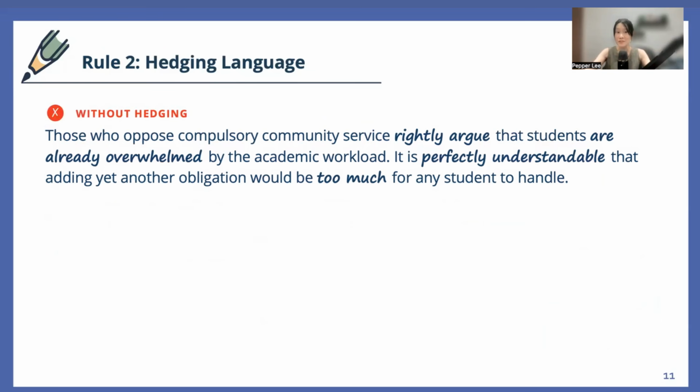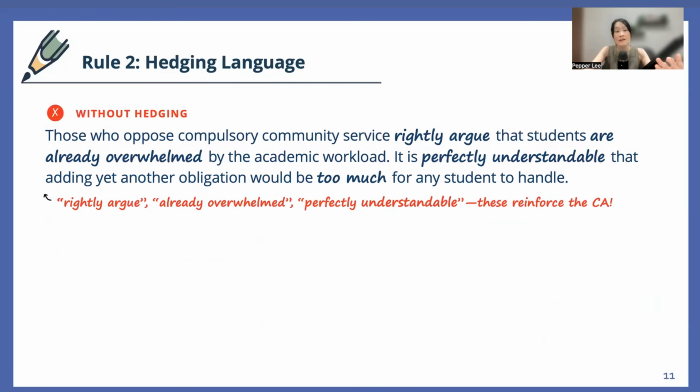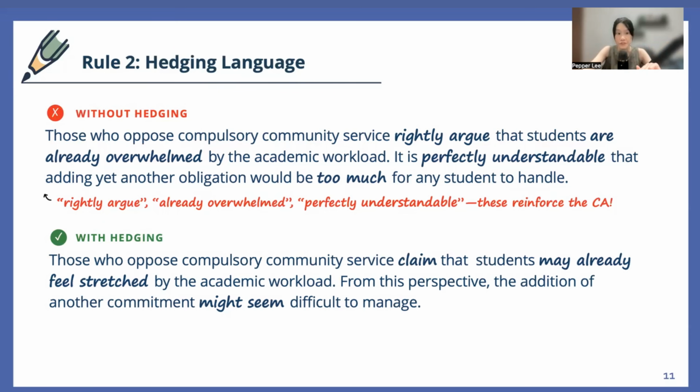Now, it sounds to me like you've switched sides already. You see that? Because phrases like rightly argue, perfectly understandable, these phrases actually reinforce the counter argument, and you don't want that. So here's what we can do with hedging phrases. Those who oppose compulsory community service claim, not rightly argue, claim that students may already feel stretched by the academic workload.